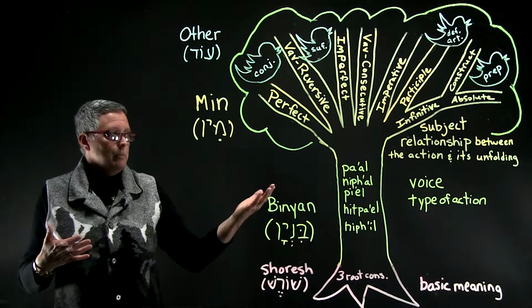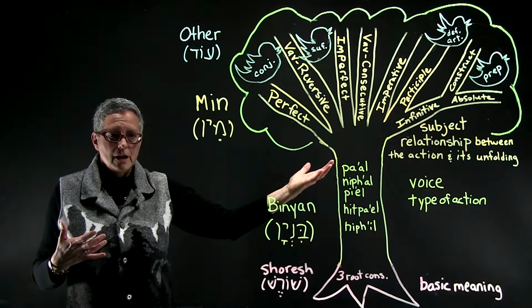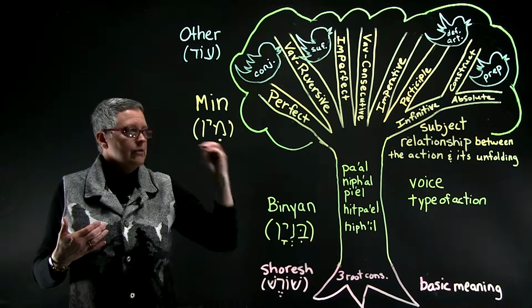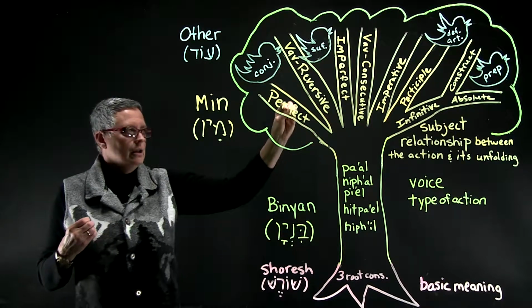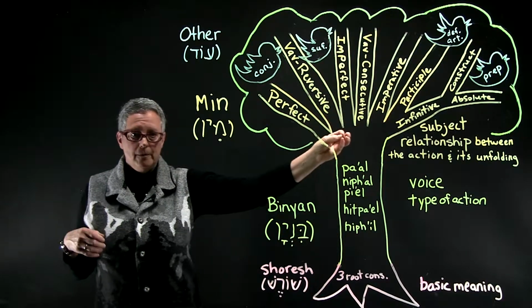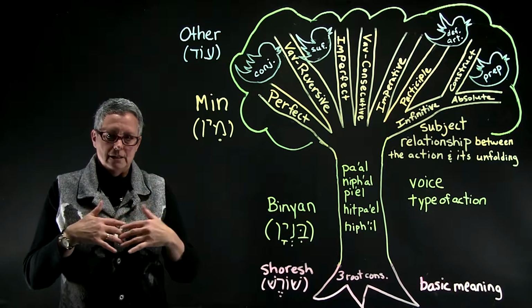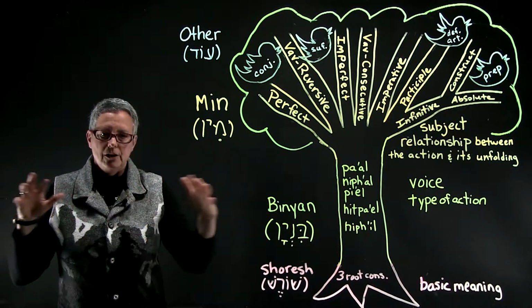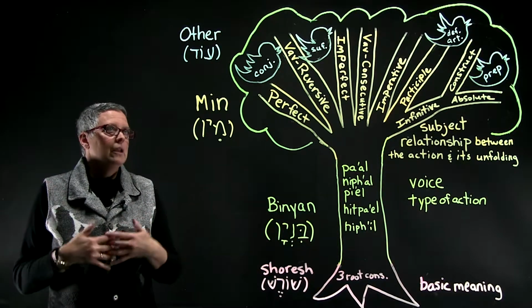It also can represent a subjunctive or an imperative. But the relationship between the action and its unfolding is the technical meaning that we get from the form. In English, we will have to put these into a linear timeline of past, present, and future, etc.